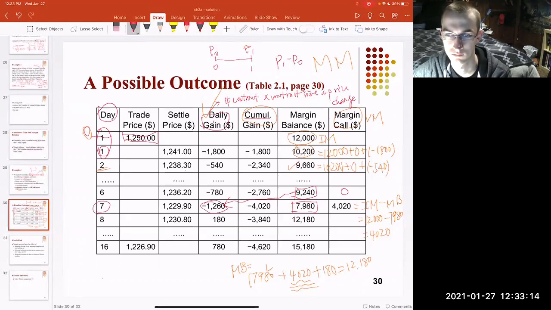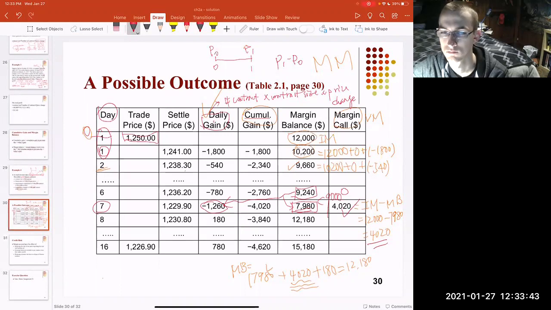So 9,240 minus 1,260, the answer is 7,980. Because this number is below the maintenance margin, you're going to receive a margin call, and you need to provide a variation margin. I believe most students know how to do this type of question.